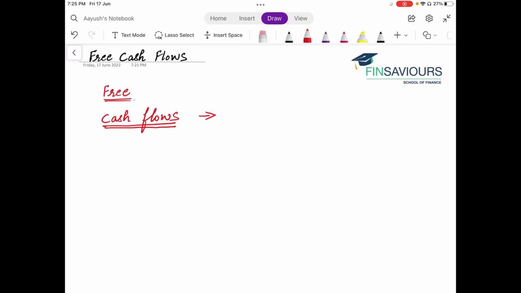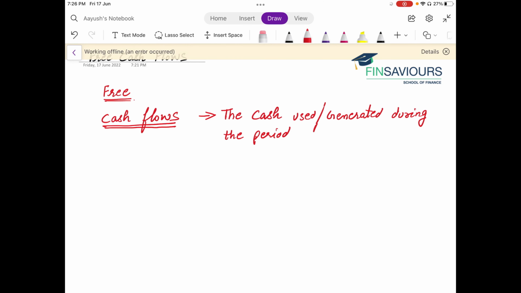The cash used or generated during the period.